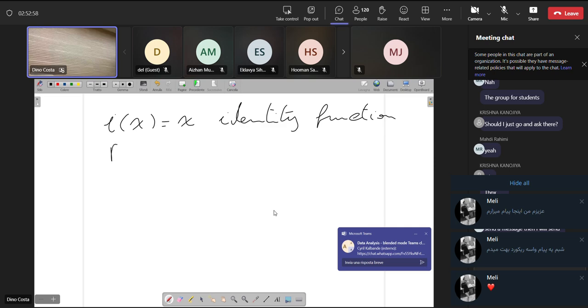And P of X equals X square, the parabola, is another function. So the identity function E of X is injective, and P of X is not injective.